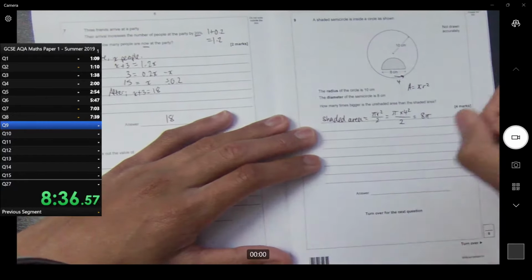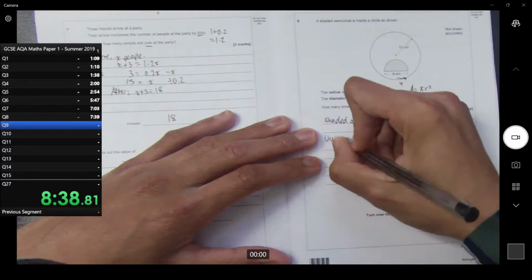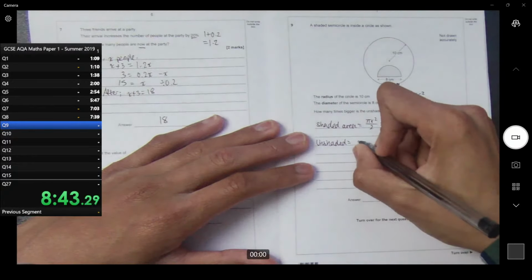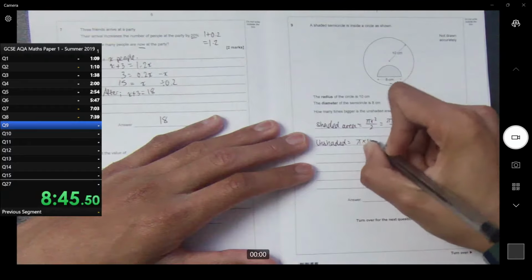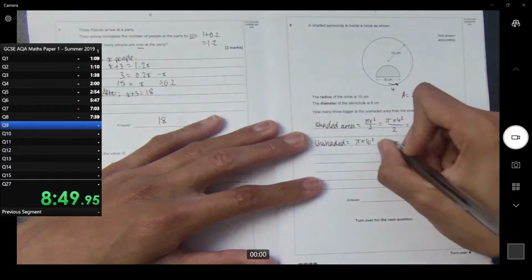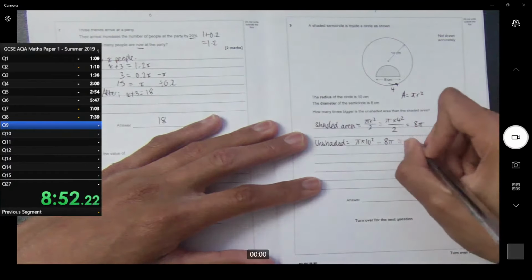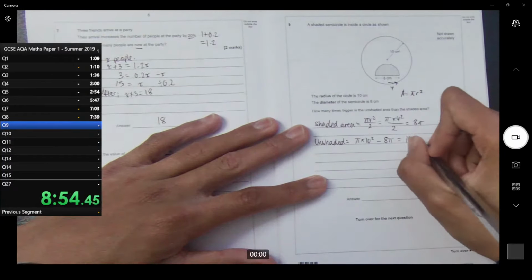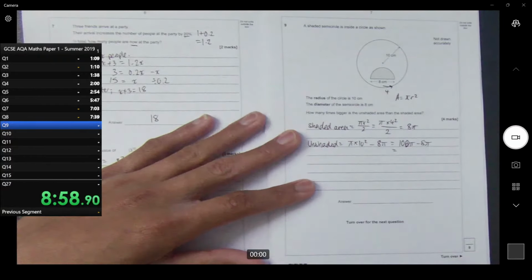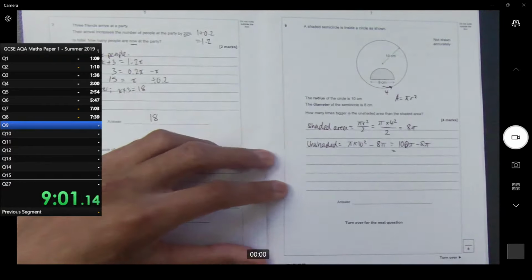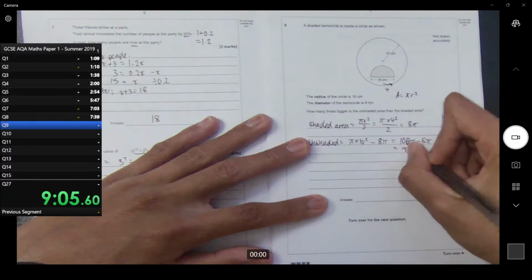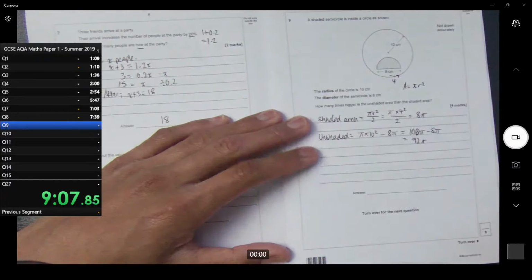So the unshaded area, so that's the whole circle, which is going to be, and we have to take off this shaded area, so that's going to take away our 8 pi. That's 92 pi, so how many times bigger?